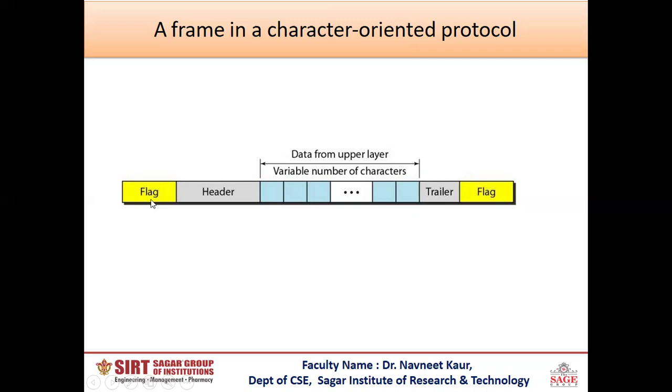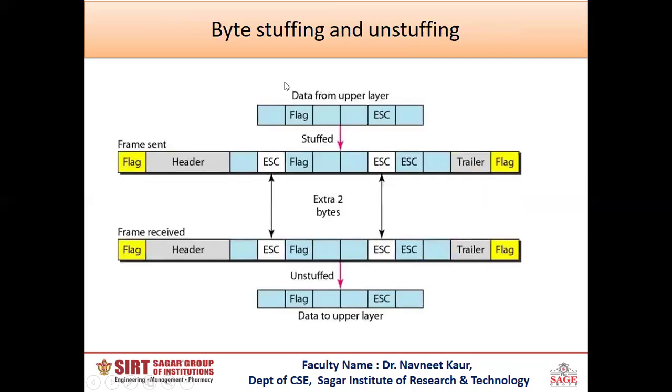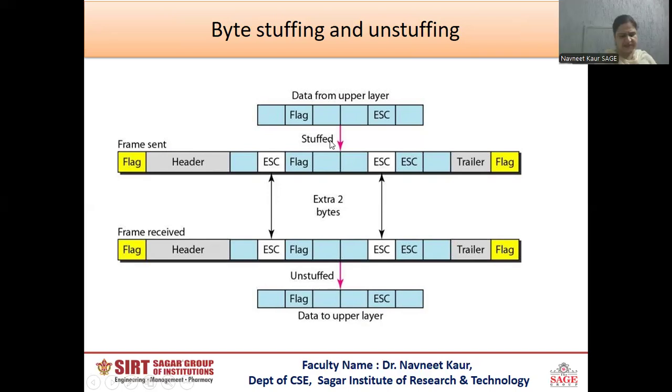And this group of 8 bits or 1 byte is known as the flag byte. Usually this character-oriented framing is popular when only text is exchanged by the data link layer, because the flag could be selected to be any character not used for text communication.